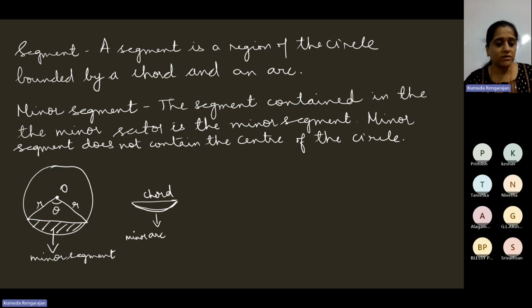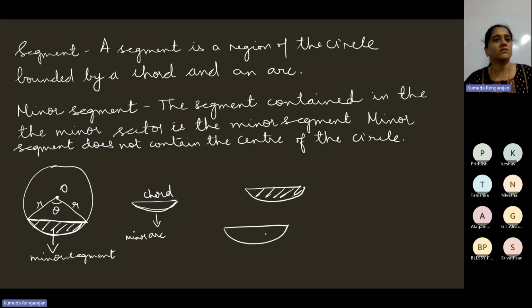This is the chord, this is the arc. The region bounded by a chord and an arc is called a segment of the circle.